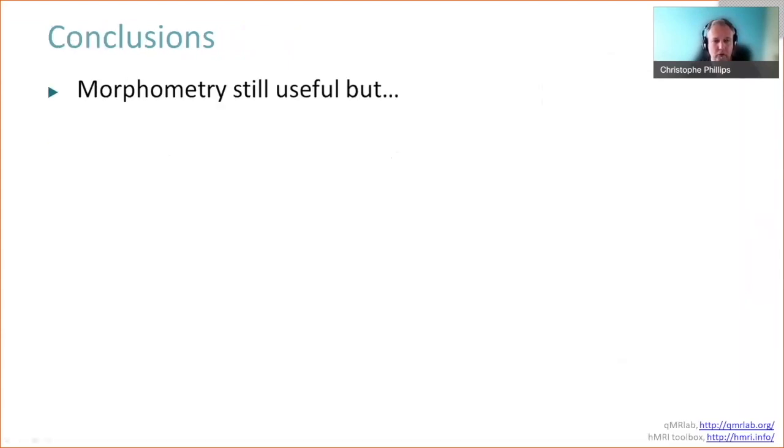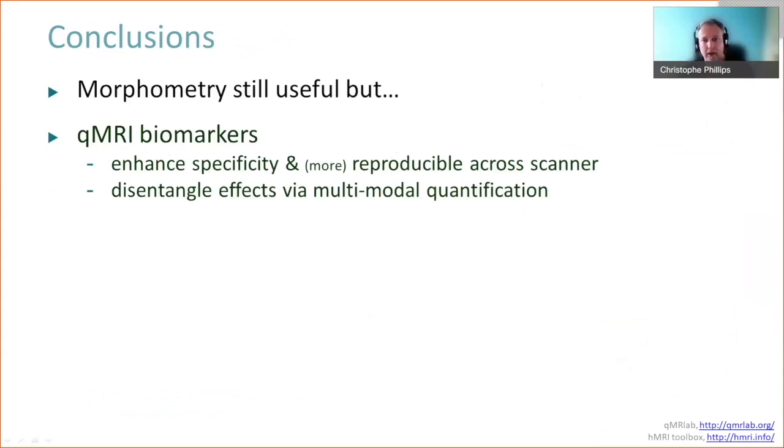So in conclusion, as you can intuit, morphometry is still very useful, but qMRI can really help the overall analysis because it enhances specificity. It's also more reproducible across scanners, and potentially it can disentangle various effects because of the multimodal nature of the data that we are presenting.